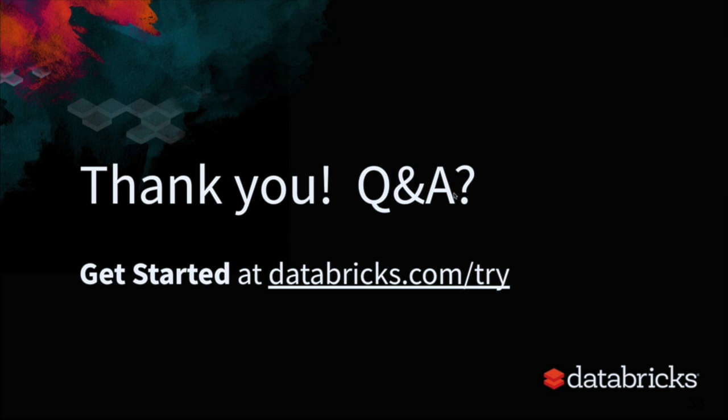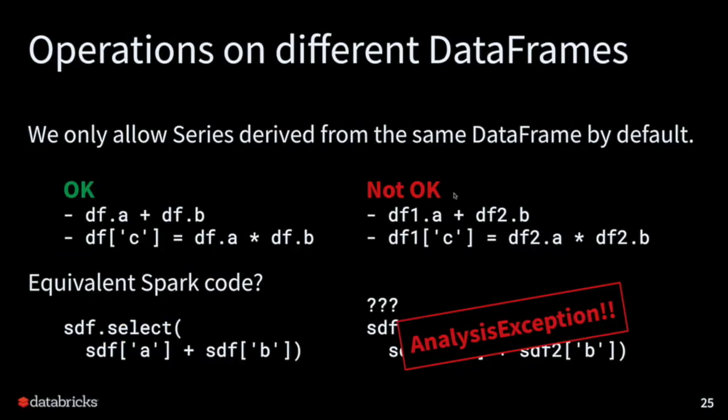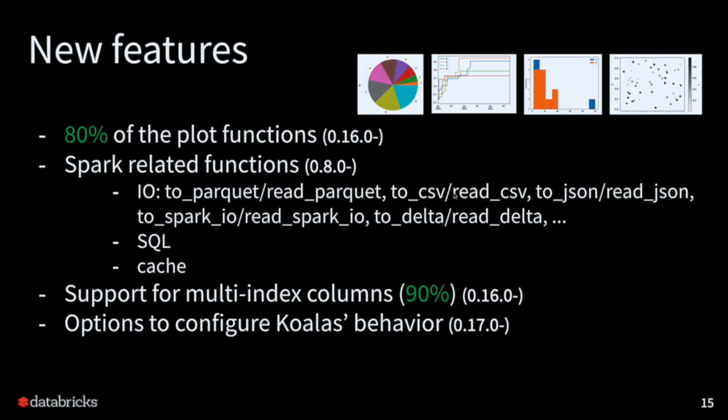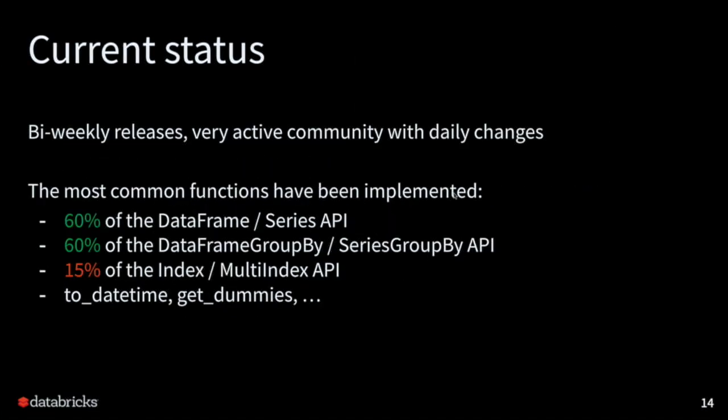Hi, thank you for the session. What is the current parity between the API of Pandas and of Koalas? Is it 100% in terms of compatibility? So for the main functions, it is roughly covered here. Here are some numbers. And the two domains which are still a bit behind are the indexing.